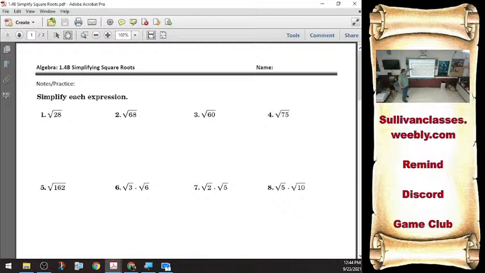I want you to use that same button and tell me, what is the square root of 28? 5.29. No, it's not. It's 2 square root of 7. And you say, dude, what? I was trying to figure out how to pronounce this. Some of you have scientific calculators that are going to do that.